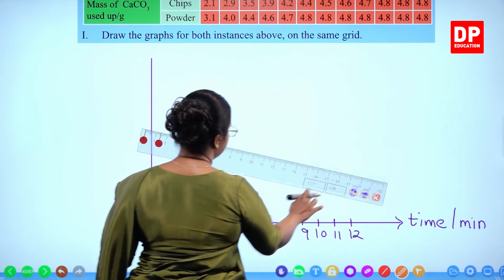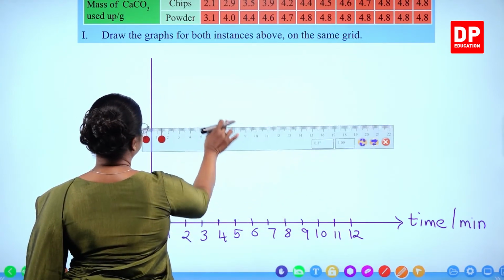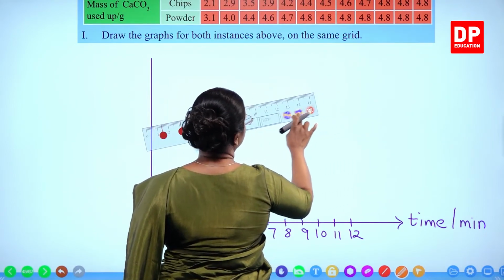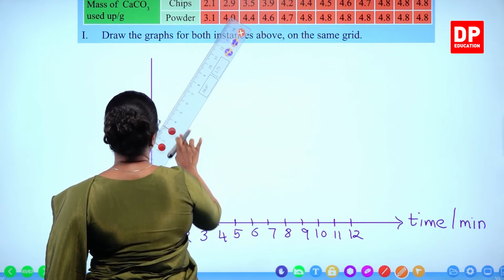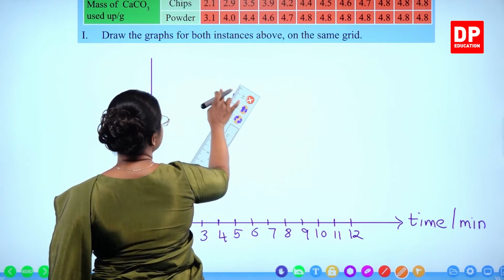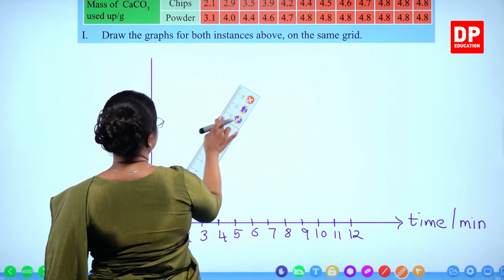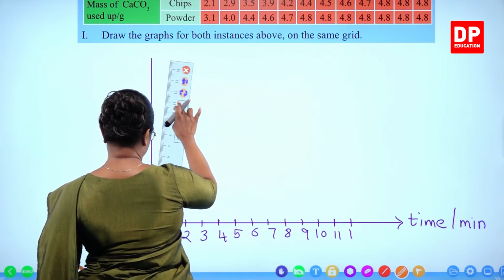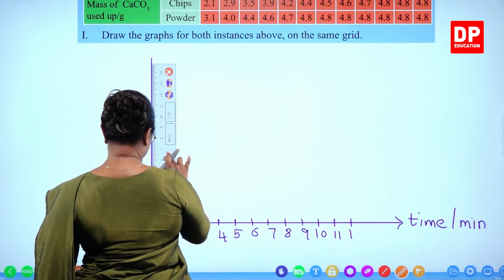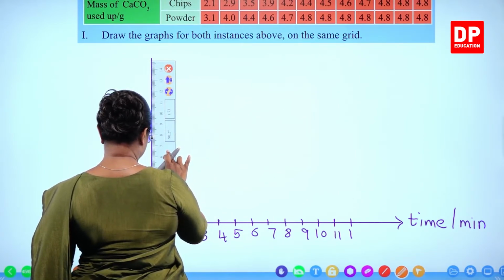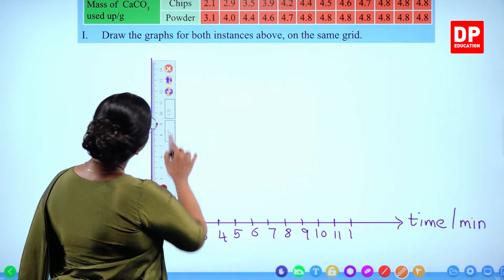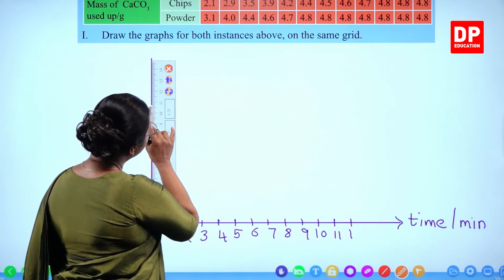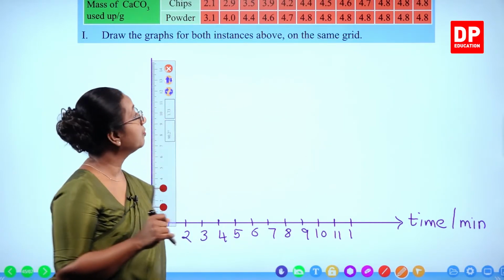Then we need to have the values for the mass of substance as well. So here we need to mark the values. Initially it's 0, then it starts from 2.1, it goes on to 4.8 grams.